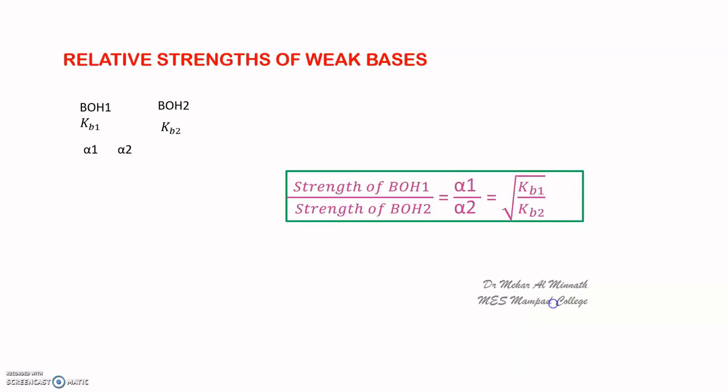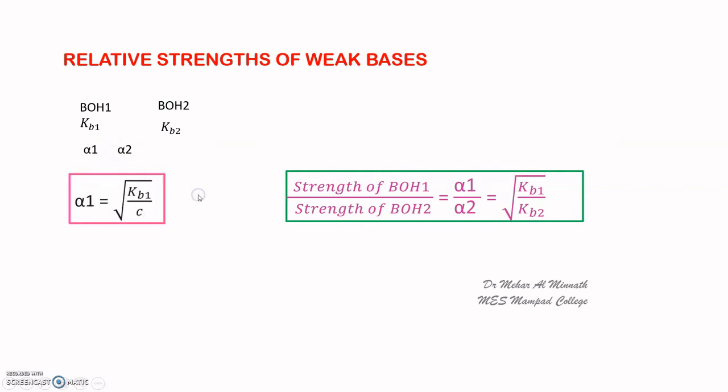Now when we compare the strength of the bases, the way we had done for acids, let's consider two bases BOH1 and BOH2 with ionization constants Kb1 and Kb2 and degrees of dissociation alpha 1 and alpha 2.